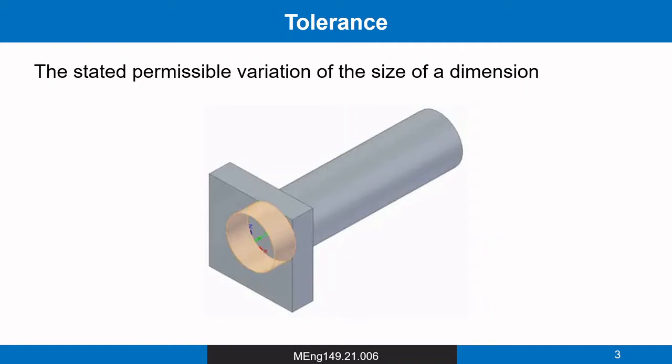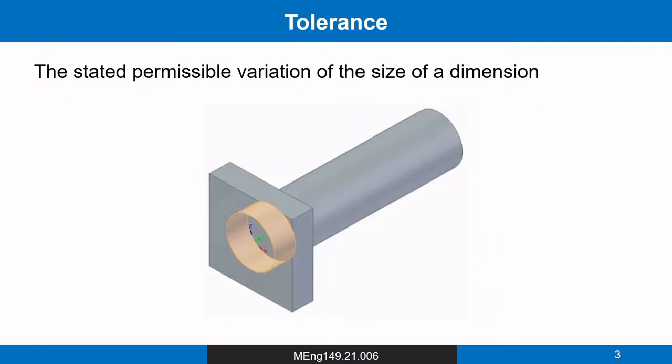Okay, so part of the process of machine design is that we should have a process to follow when we insert or design a component that involves a male and female part.